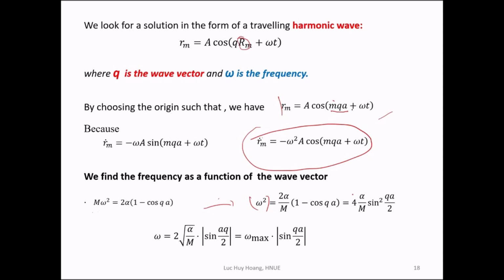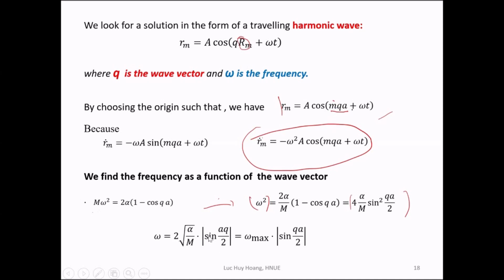And finally, we have omega square equal to 4 alpha over M sine square of Qa over 2. Okay. And from the equation, omega should be 2 times the root of alpha over M times the modulus of sine of Qa over 2.